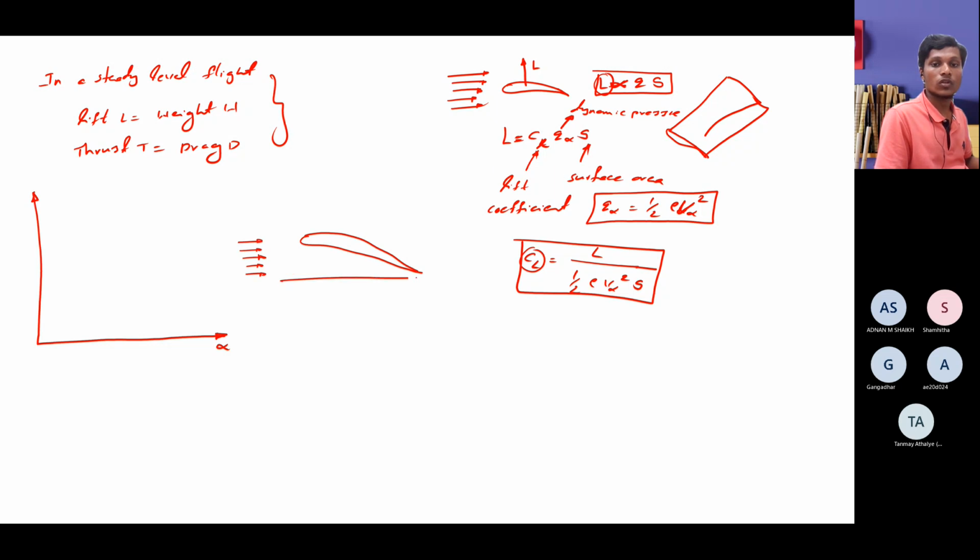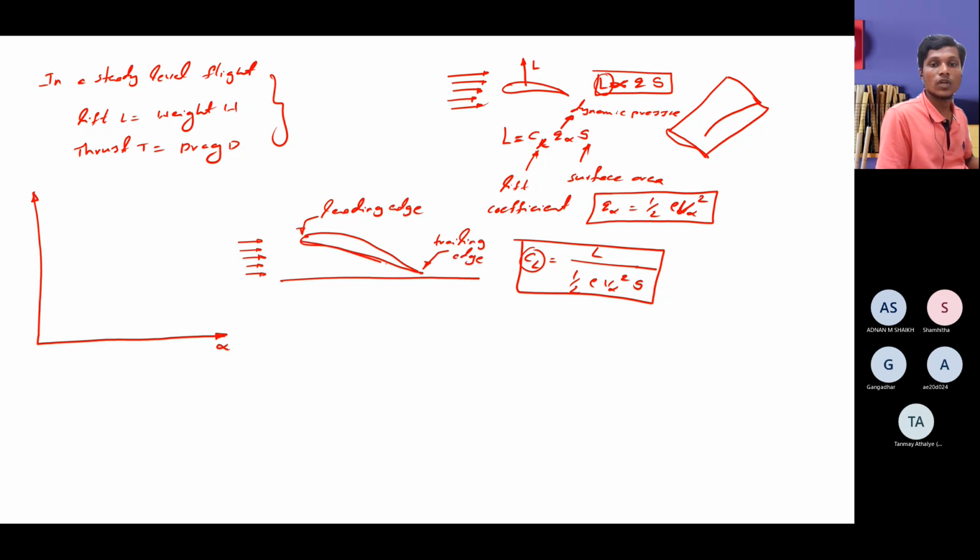If you draw a horizontal line like this, and if you join the front tip to the end tip, we call this the leading edge and this the trailing edge.